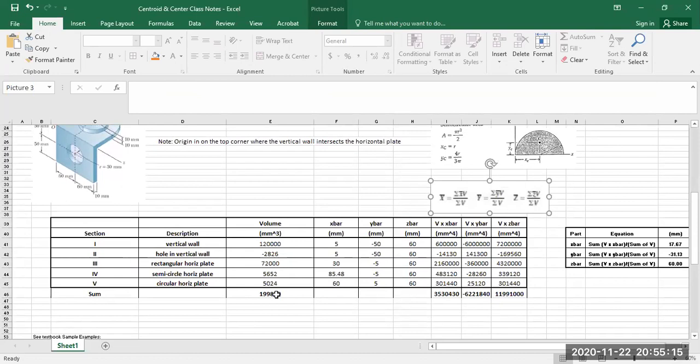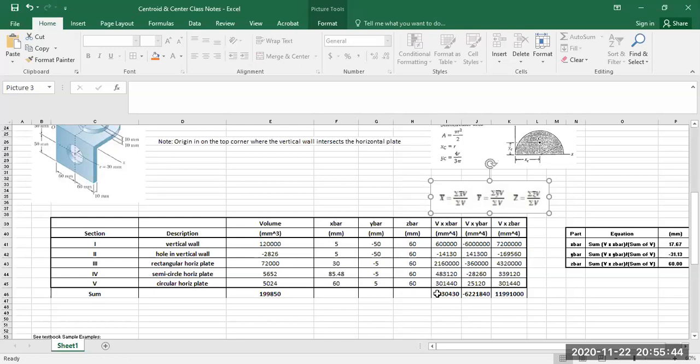Here is my total volume, but I have to multiply the x bars times the volume. So this column right here is the volume times x bar. This one is the volume times y bar, and this one is the volume times the z bar. So what is in here, the volume times x bar, is going to be my numerator.